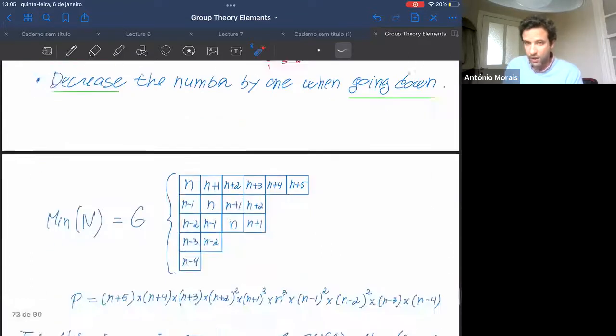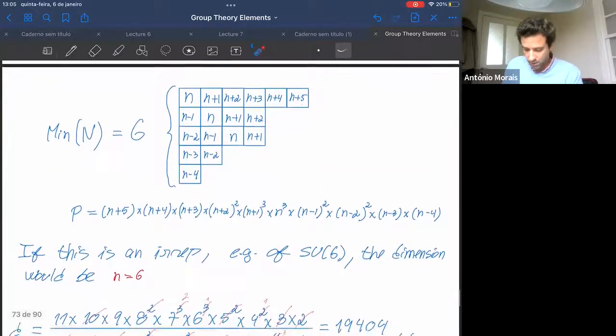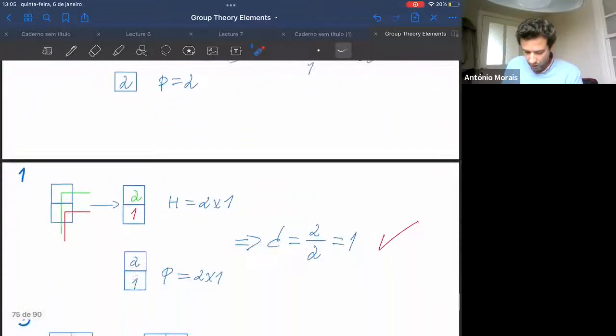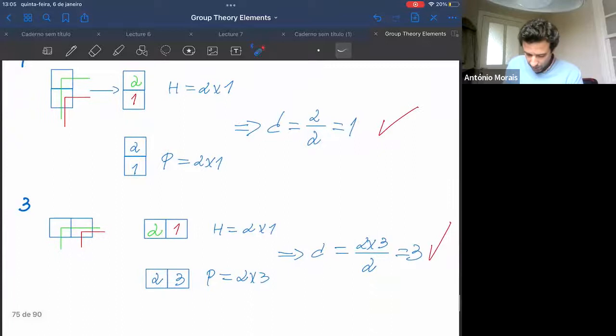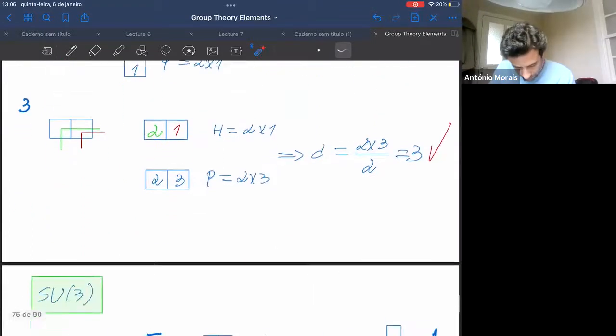We are now going to the right. So while going to the right, we increase the number. So 2 and 3. So P equals 2 times 3. So d equals 2 times 3 over 2, which is 3. So this confirms in a much simpler way than writing the standard tableau.